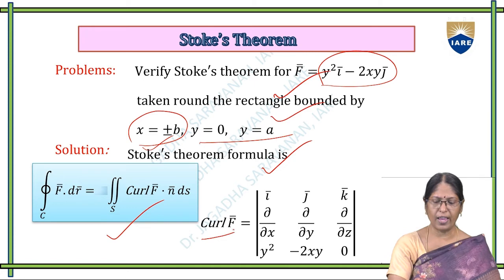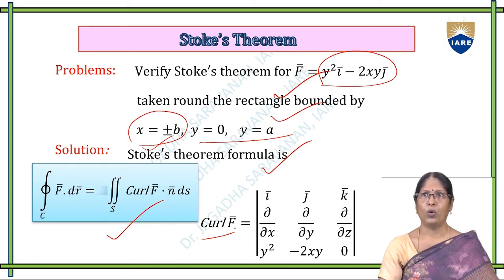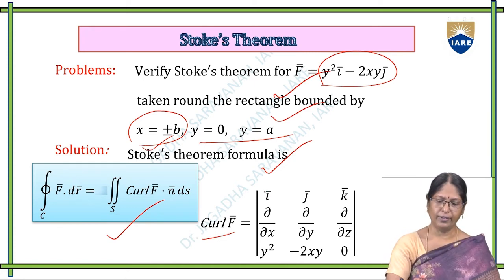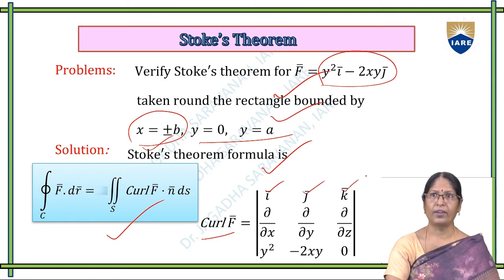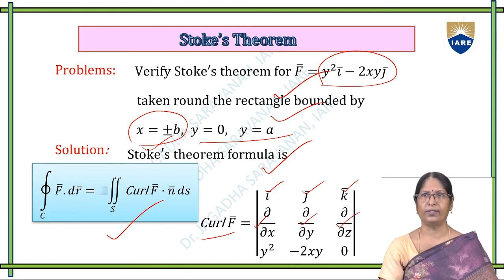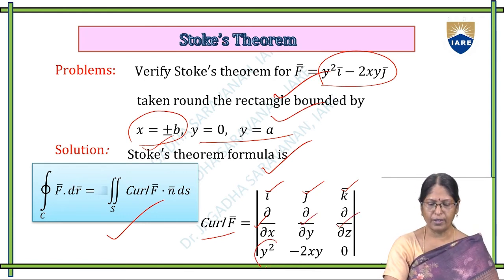So the curl F we can take as the determinant with i, j, k, then del by del x, del by del y, del by del z.